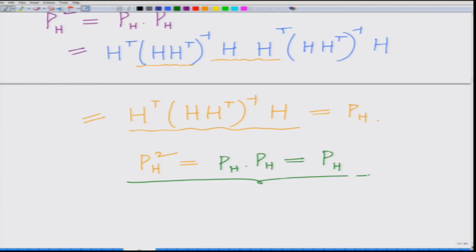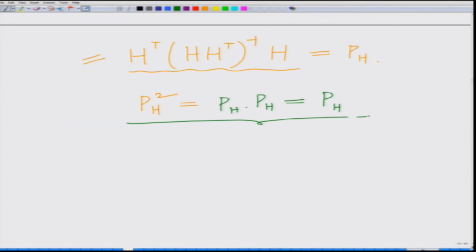So, PH has two interesting properties. One is that it is transpose symmetric, that is PH transpose is equal to PH, and the other is that PH square, or PH times PH, is equal to once again the same matrix PH.